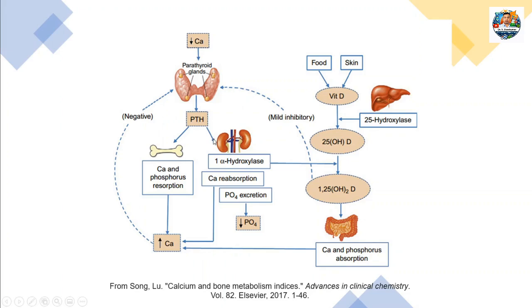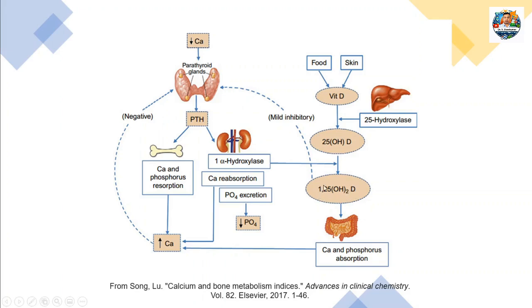The same case is in case of the kidney. In case of kidney, it has two biochemical effects. First, it increases the activity of 1-alpha hydroxylase. The function of this 1-alpha hydroxylase is that it is responsible for converting 25 hydroxy vitamin D into 1,25 dihydroxy vitamin D, which we call calcitriol.